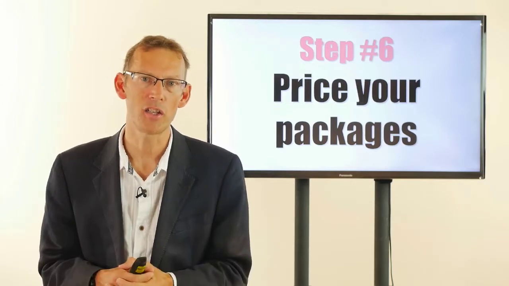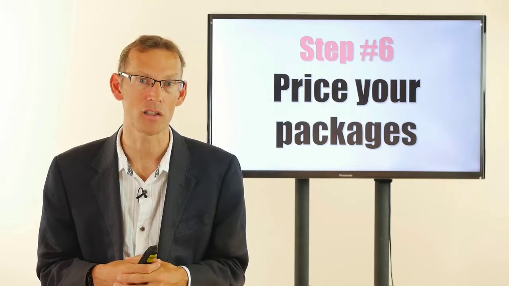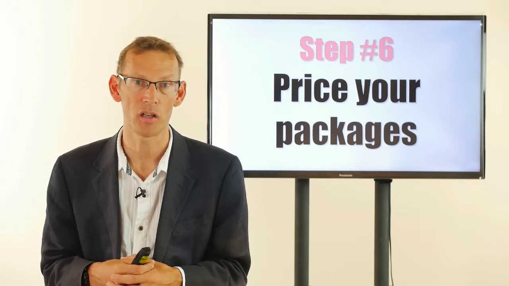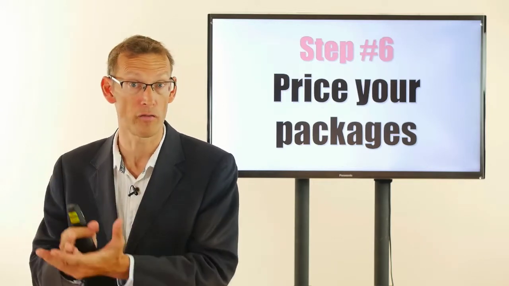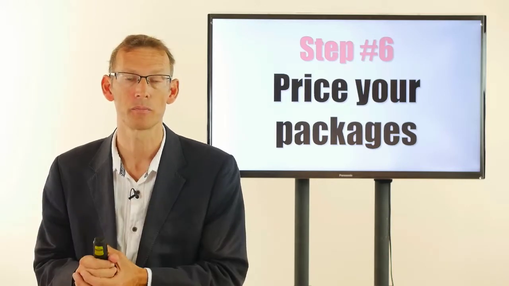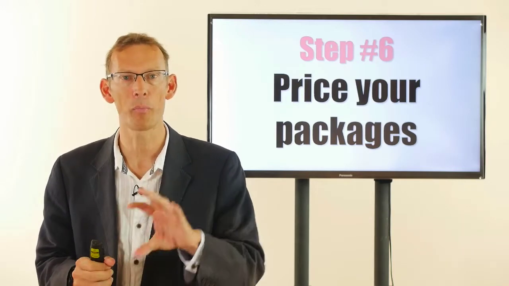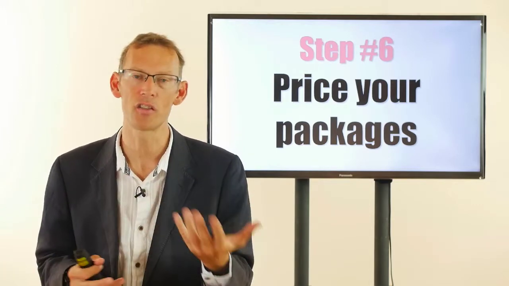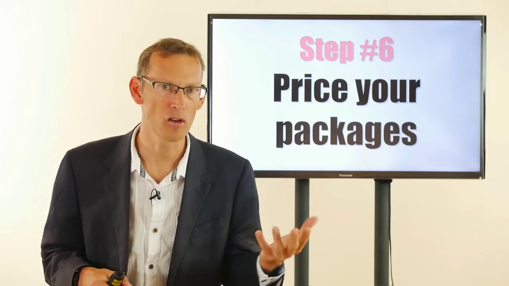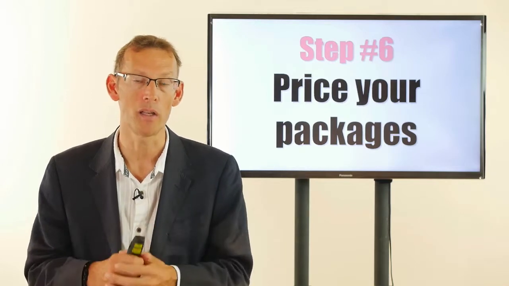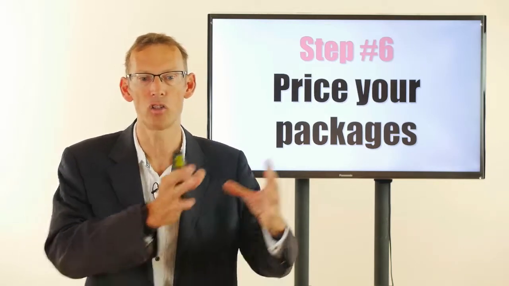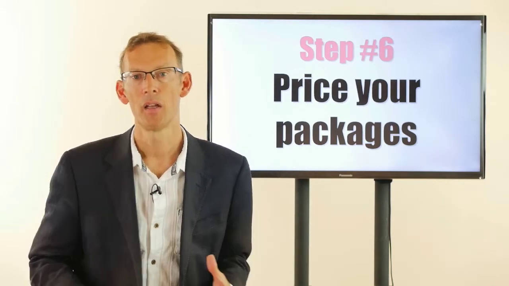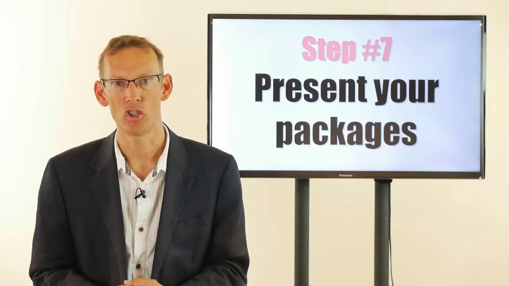In a system like Cloud Pricing, it calculates a value-based price for one of the packages, the bronze level, and then the other packages are calculated as a proportion, a percent, 50% higher, 100% higher, or whatever it might be, because you want to get the relative prices right. And then finally you present your packages.